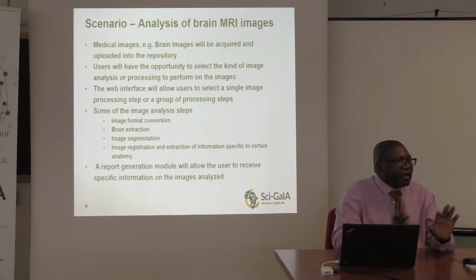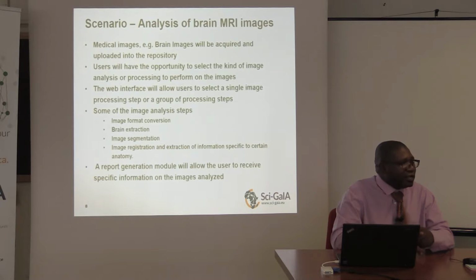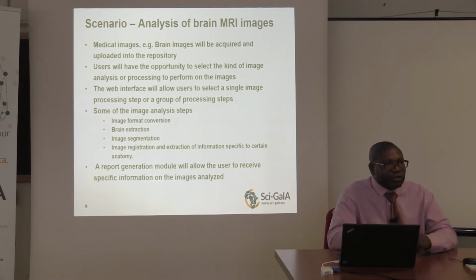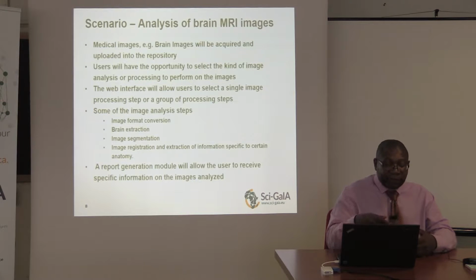So we have the CSF, the white matter, and the gray matter. Normally that is what is done in brain image analysis. Image registration is done sometimes to standardize, and so to be able to look at the image, some of these processes or even more may be necessary.